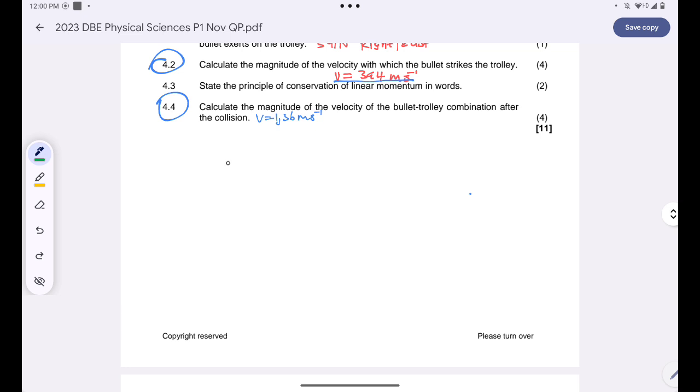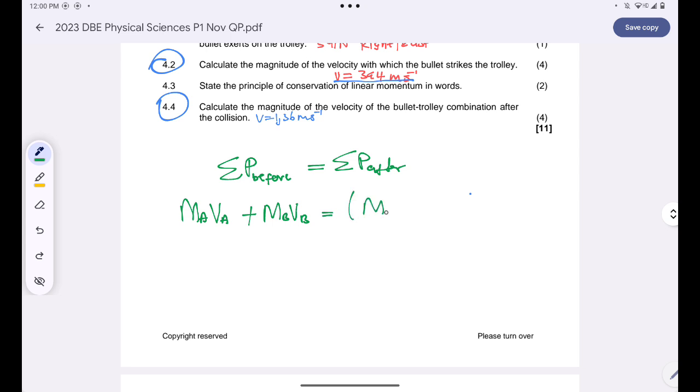So we can simply conclude that the sum of the momenta before collision is equal to the sum of the momenta after collision, right? So it will be just the mass of object A multiplied by the velocity of object A plus the mass of object B multiplied by the velocity of object B is equal to the sum of the masses multiplied by the final velocity. Why? Because they now move as one system, right? I only need to find the velocity of their combination.